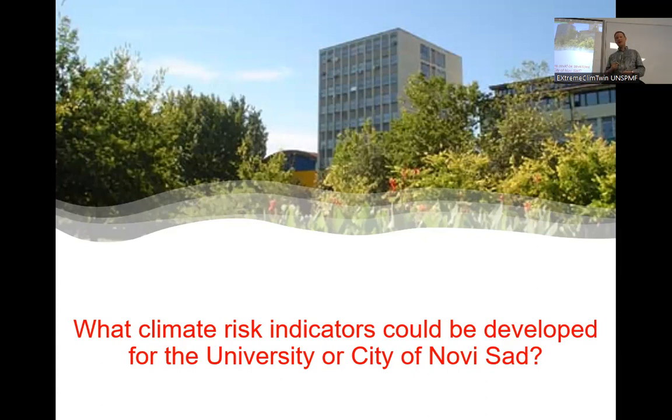The air quality one, that's a good one, because poor air quality is often associated with heat waves, lack of green space, and these other things. So an air quality indicator, as I understand it, particularly here in Serbia, would be an interesting one to have. Yeah.